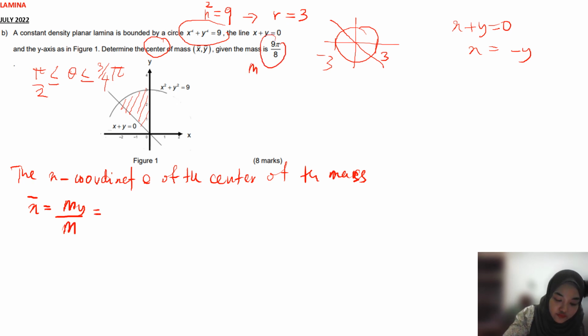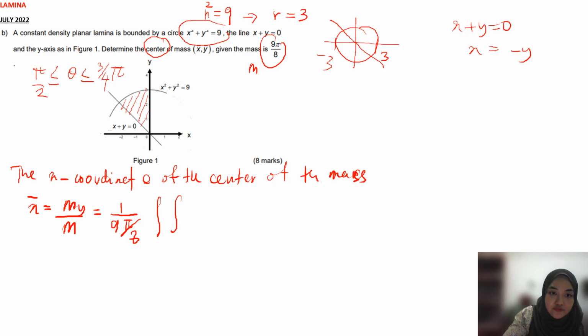So equals to, for My, so we have 1 over 9 pi over 8 double integral. Okay, this one, as you can see, is bounded by a circle. It's supposed to be in polar coordinates. Okay, r dr d theta, r dr d theta.